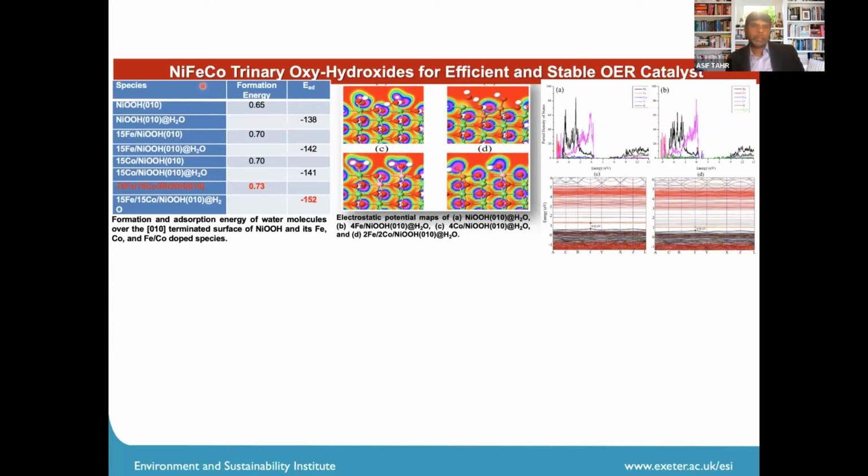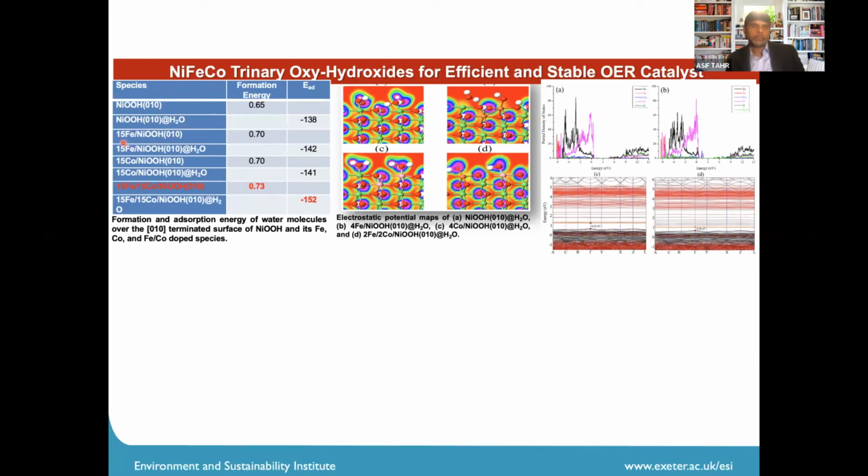So first, we theoretically modeled different phases as well as combinations of these materials, like only nickel oxyhydrate, which is one of the materials which can act as an oxygen evolution catalyst, and looked into its affinity with water, or the effect of water on the surface.